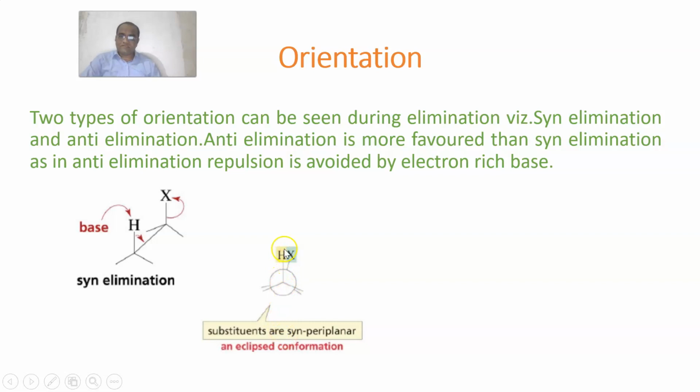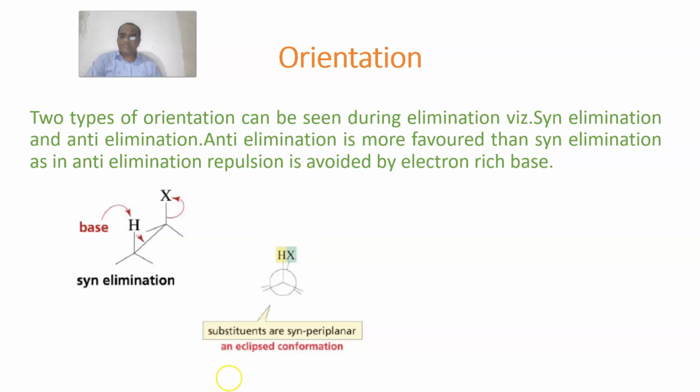And this conformation is said to be an eclipsed conformation. You might have heard about eclipse. Sometimes we hear that there is a moon eclipse. A moon eclipse means the sun and moon are behind each other, and we can see the dot of the moon on the sun.